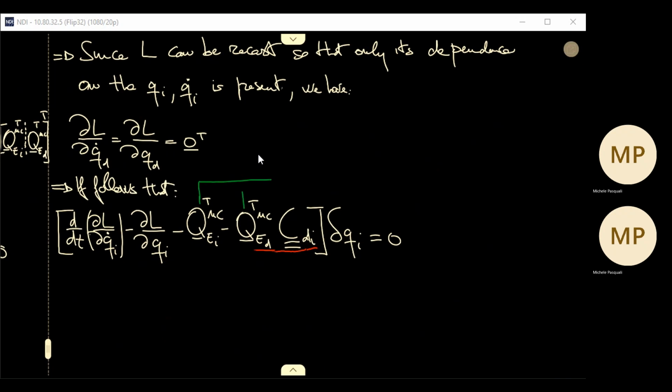So these two terms can be grouped into a new vector by definition, which we call Q_E, non-conservative, transposed B. Okay? And so eventually our equation becomes like so.